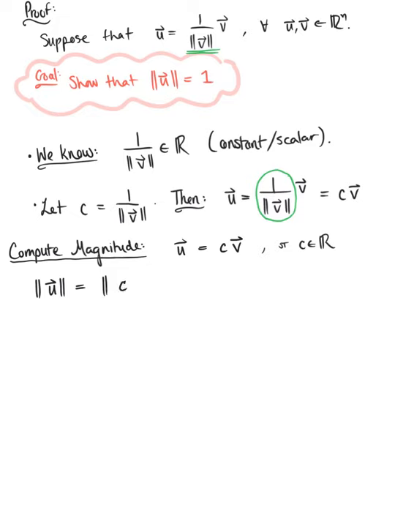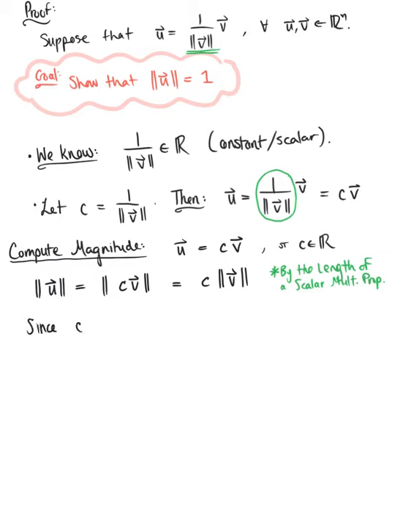So we have the magnitude of vector u is equal to the magnitude of the scalar multiple c times vector v. Now, by the length of a scalar multiple property, we can go ahead and rewrite this by pulling that scalar multiple c out to the front. So now we have our scalar c multiplied by the magnitude of vector v.